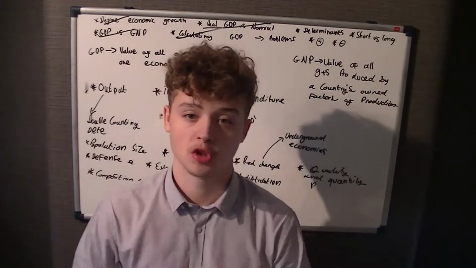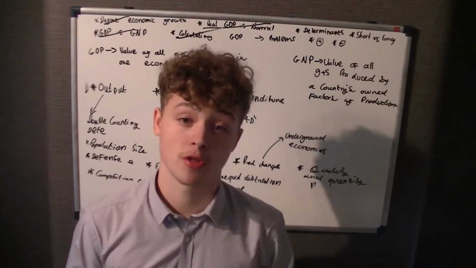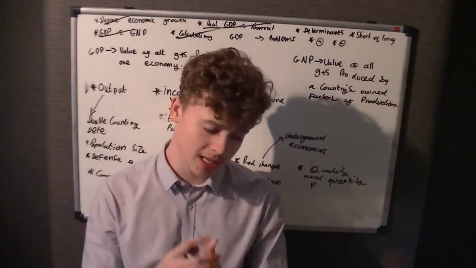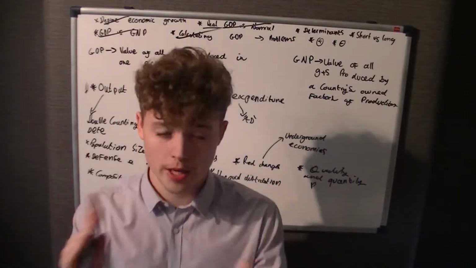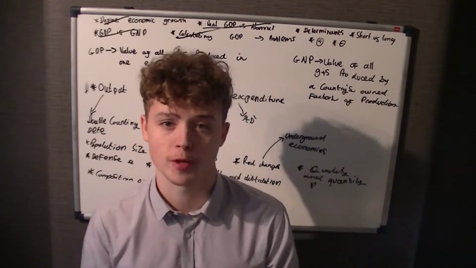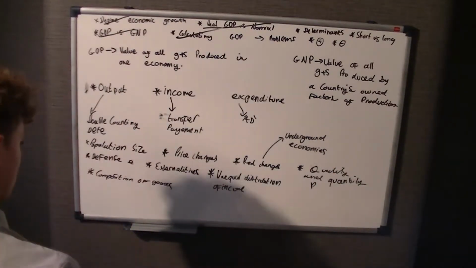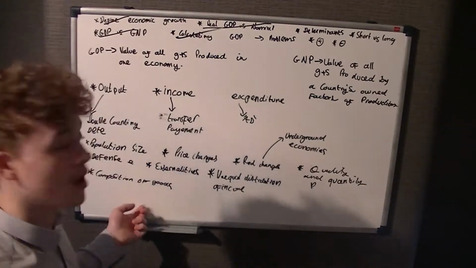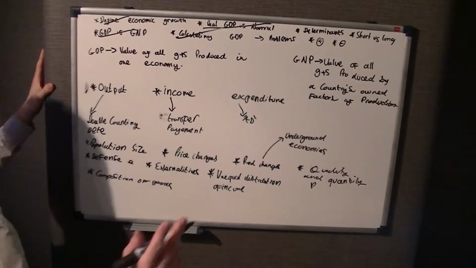We can produce capital goods, which will increase the long-term economic growth and should raise living standards in the future. But obviously that's going to decrease it for us now. And if we wanted to increase it for us now, we'd produce something called consumer goods, which is goods that you would use on a day-to-day basis. So, composition of goods. And that links into one of our disadvantages of economic growth, which is opportunity cost.